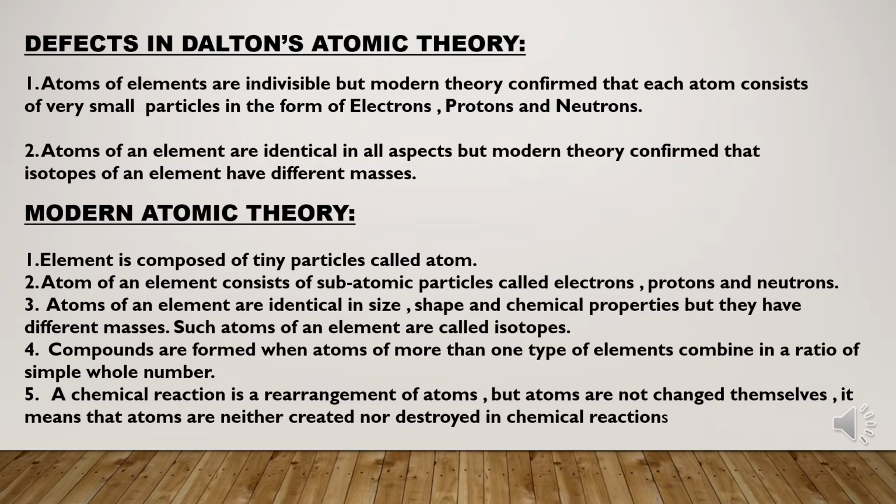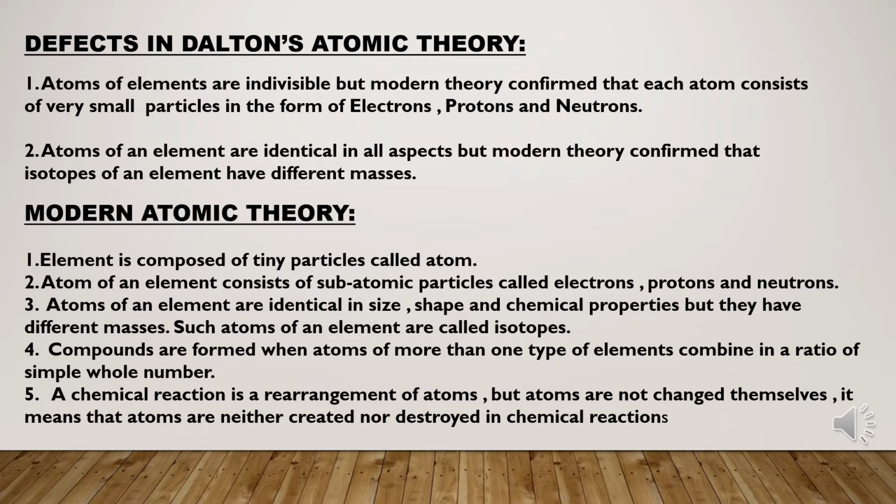Number two, atoms of an element are identical in all aspects, but modern theory confirms that isotopes of an element have different masses. Now, what are isotopes? We are going to discuss in the modern atomic theory.